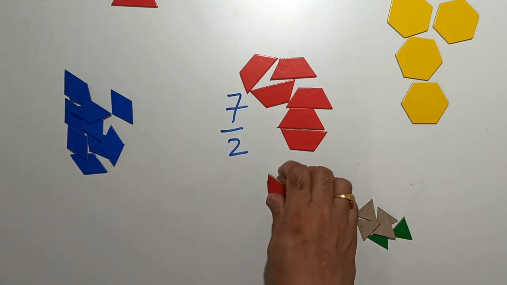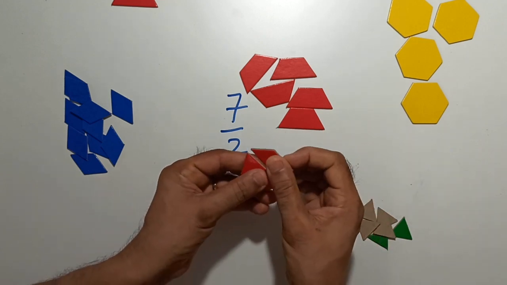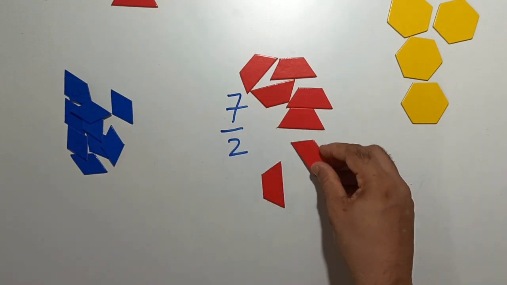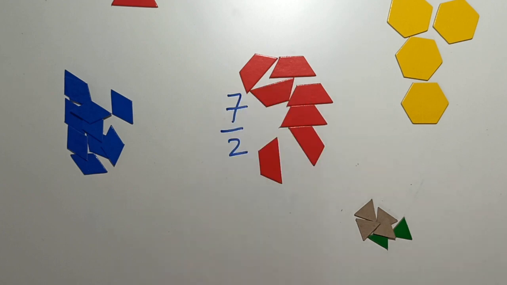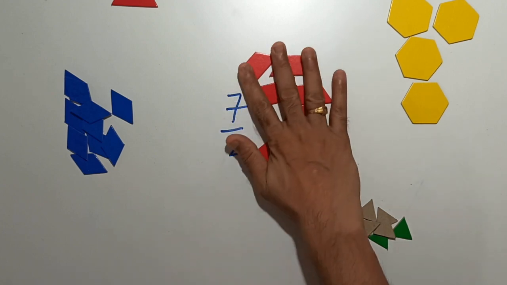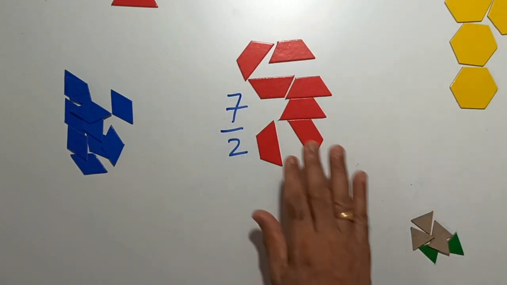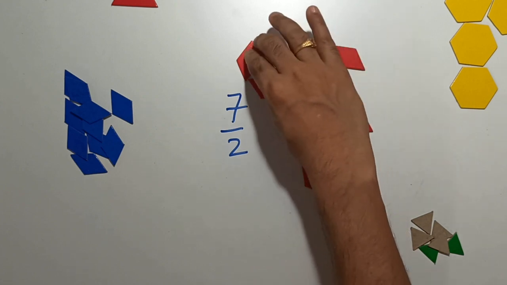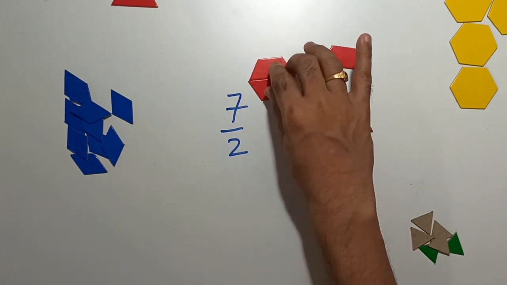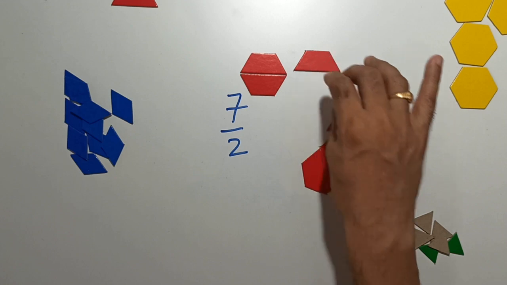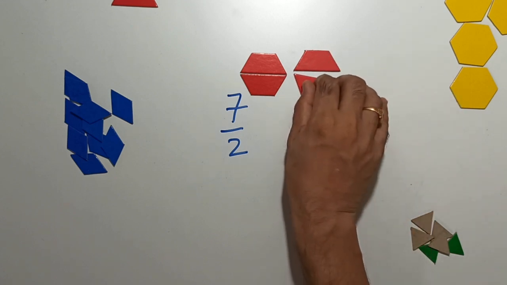So I've got 2 parts forming a whole, and I've got 7 such pieces. Now, can I arrange these pieces in the form of wholes? Let's go ahead and try to see if I can arrange these pieces in the form of wholes.